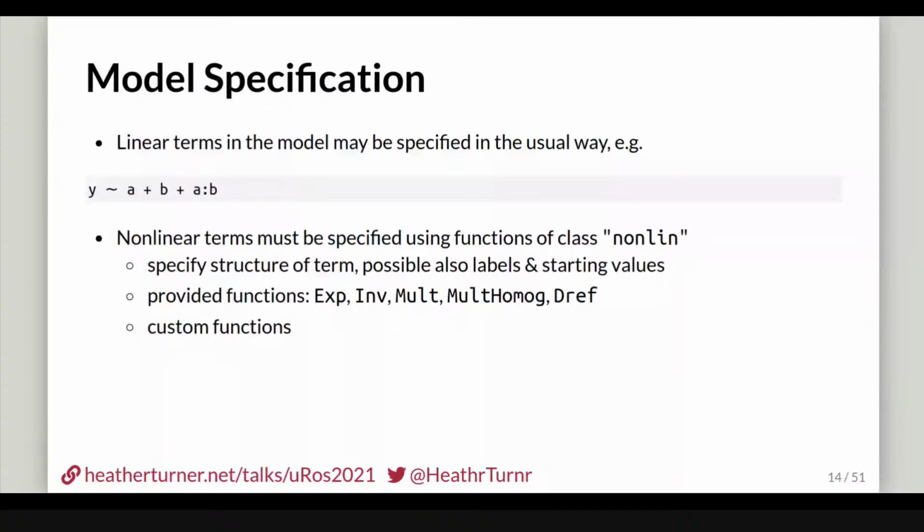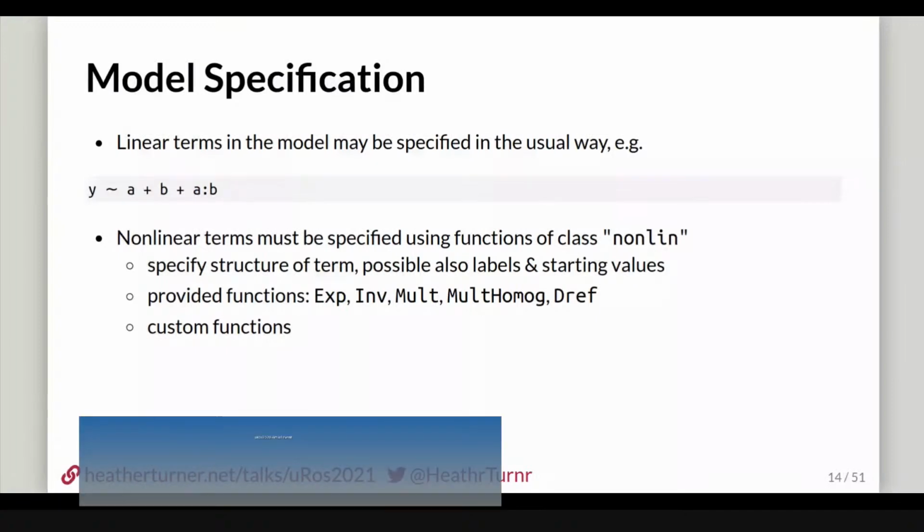There are a small number provided in the package, but between them they can actually describe quite a few common models. So hopefully already quite useful. So there's exp if we want to specify the exponential of something, inv if we want to specify the inverse of something, mult is for multiplicative terms.